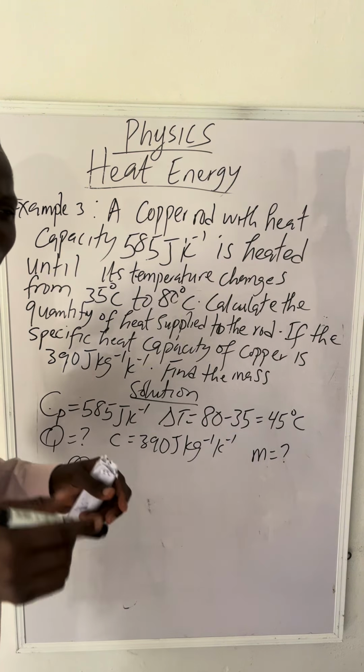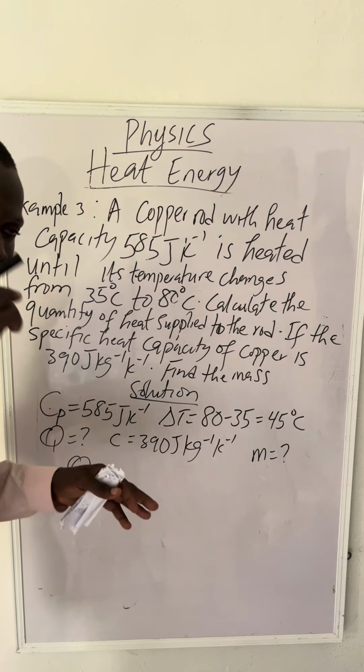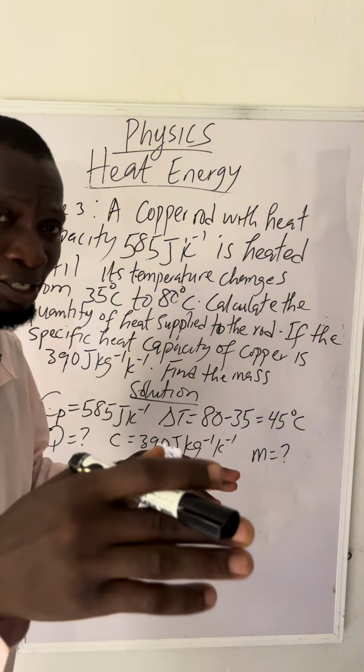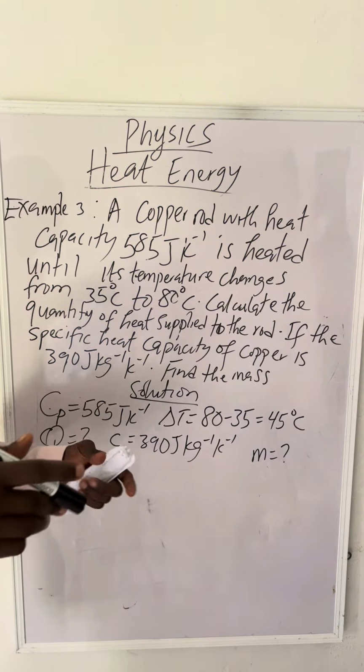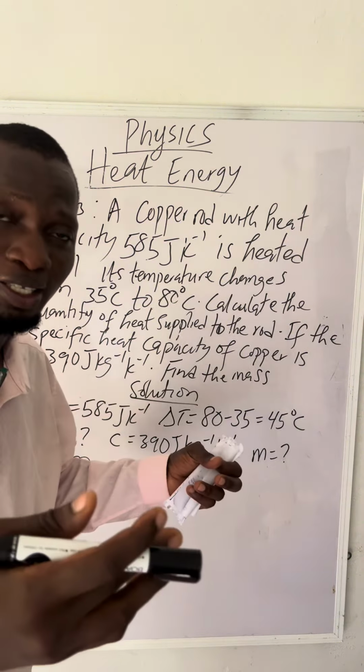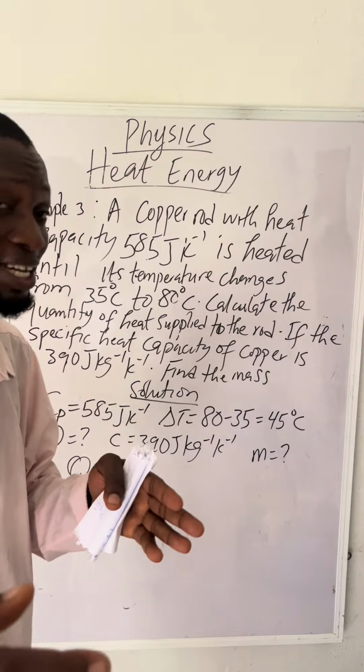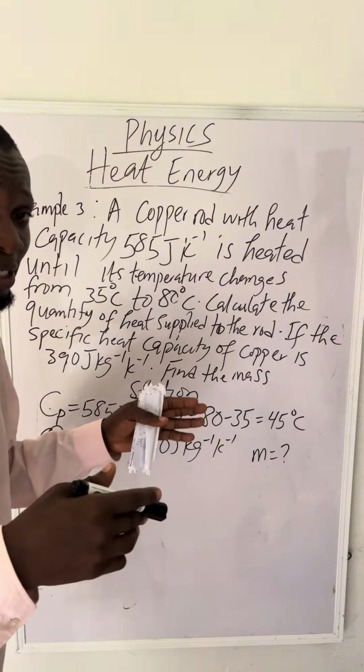So now, if I want to calculate Q, the thing is, we have two formulas. Q is equal to MC delta T, and we also have the thermal capacity times temperature rise. That was the formula we derived the other time.